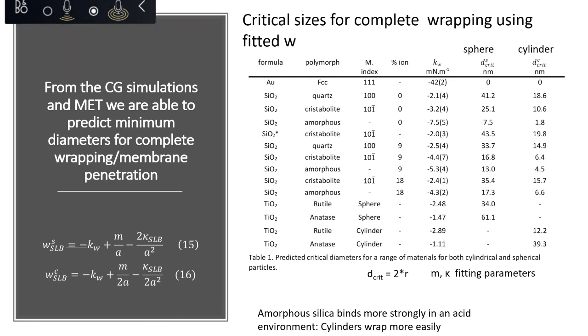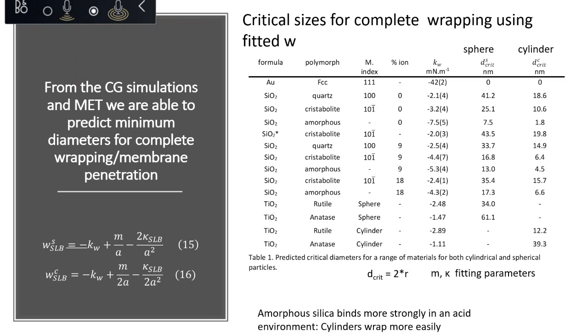So if you have a mixture of amorphous and quartz nanoparticles, the amorphous nanoparticles will be wrapped for diameters over 7.5, whereas the others won't. So you can already see you'll get a separation of different materials.